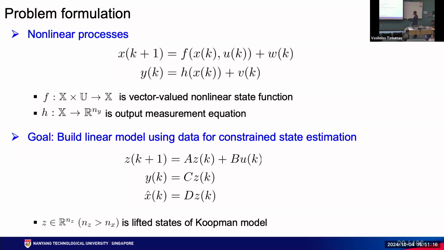We can see that, again, this nonlinear process, because we use this Koopman operator for state estimation, we also introduce the disturbance and the environment noise, but that doesn't matter too much. Okay, our idea is to build a linear deterministic Koopman model. This could be stochastic, but we just use a deterministic model structure for easier illustration.